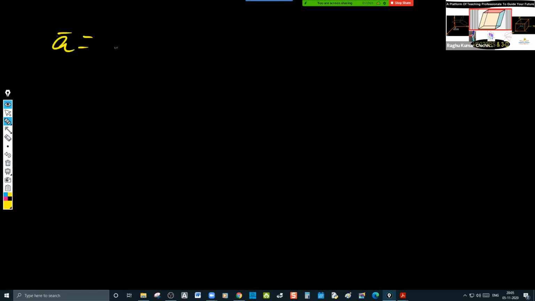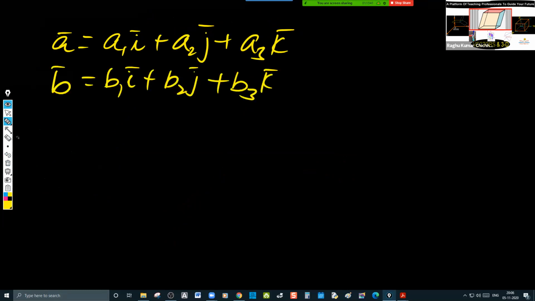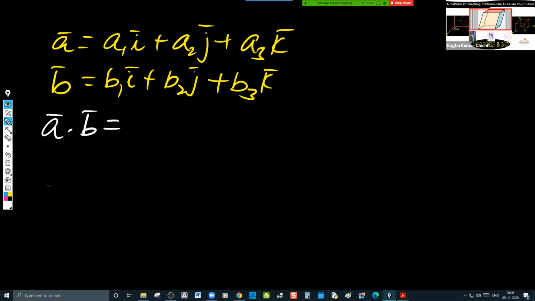If A bar is A1 I bar plus A2 J bar plus A3 K bar, and B bar is B1 I bar plus B2 J bar plus B3 K bar, what is A bar dot B bar and what is A bar cross B bar? In working out the problems, it is only important.